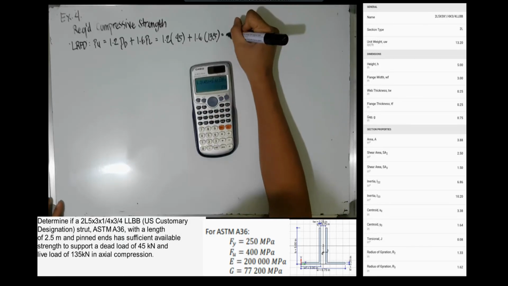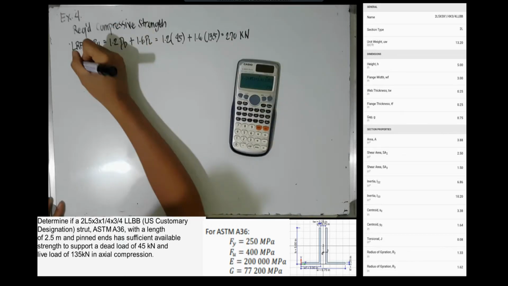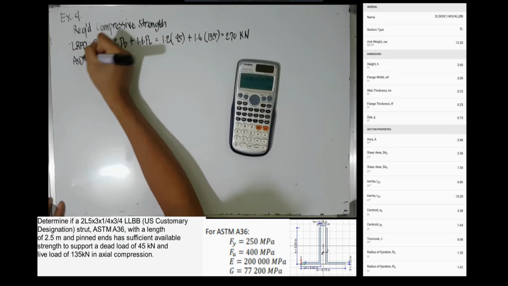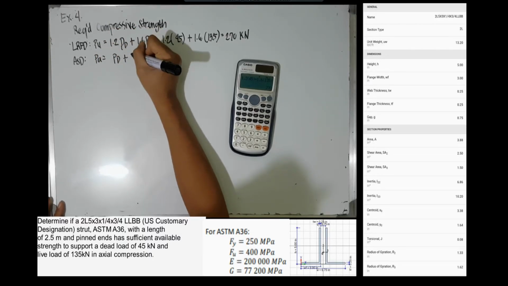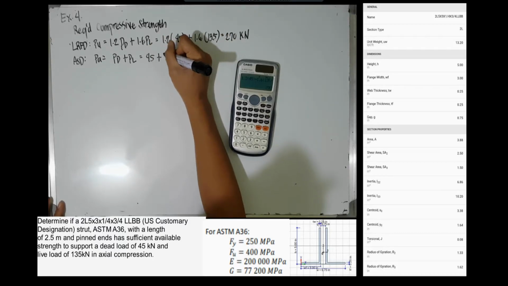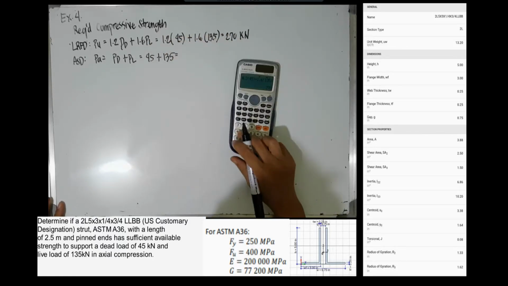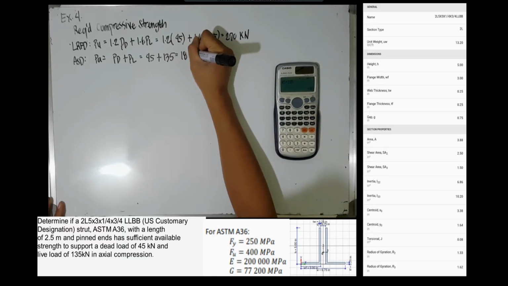So it is equal to 270 kilonewton. And for ASD, 45 plus 135, or our compressive strength under ASD is equal to 180 kilonewton.